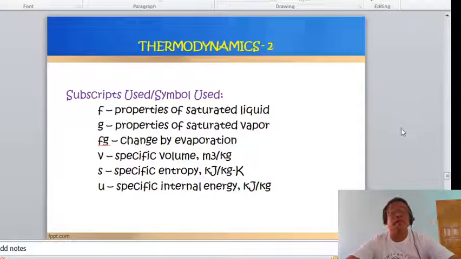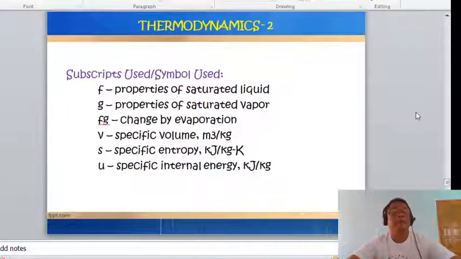Take note, class, of the subscripts or symbols used. F, class, is the properties of saturated liquid. G is the properties of saturated vapor. Fg is the change of evaporation, meaning mixture. V is the specific volume, S is the specific entropy, U is the specific internal energy.